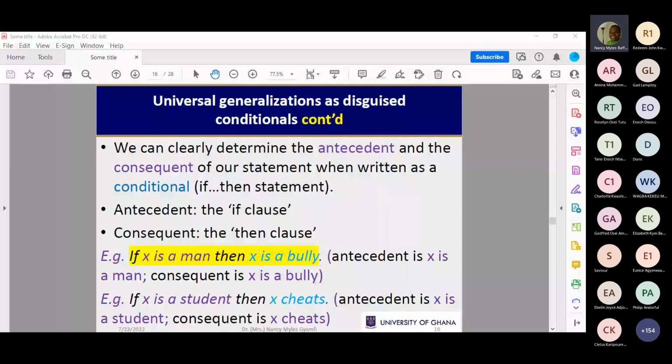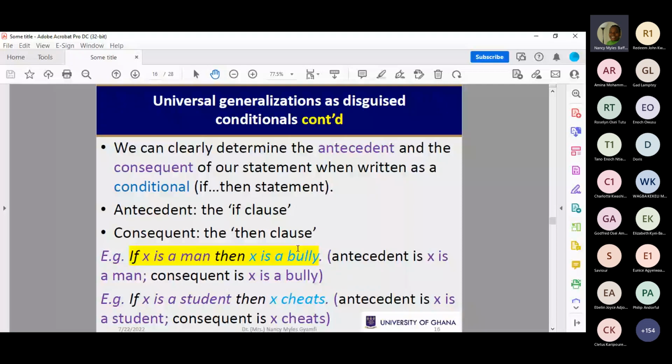Now we know that when you have a conditional, it has two parts. It has an antecedent and a consequent. So tell me the consequent of this conditional that I'm giving. I want a chorus answer.